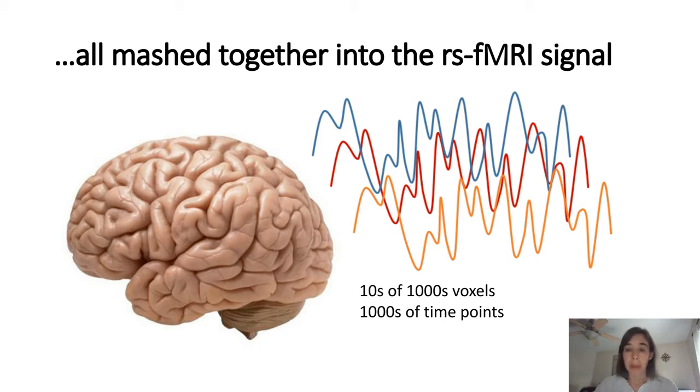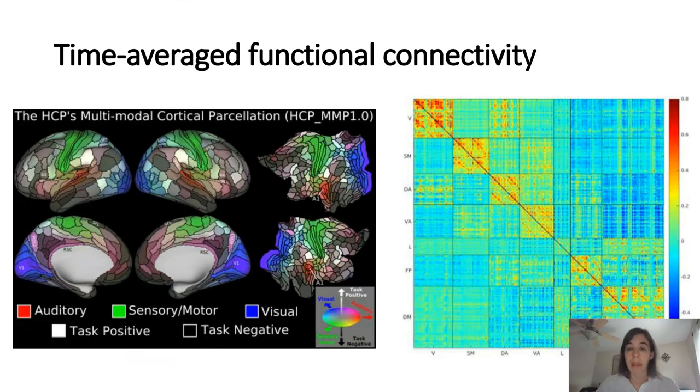And the type of data we get is large by nature. From any given subject, we have tens of thousands of voxels, maybe even 100,000 for high resolution studies, and often thousands of time points. Now, the way that we usually look at this data, and have over the past 20 years or so, is to do something that I'm going to call time average functional connectivity.